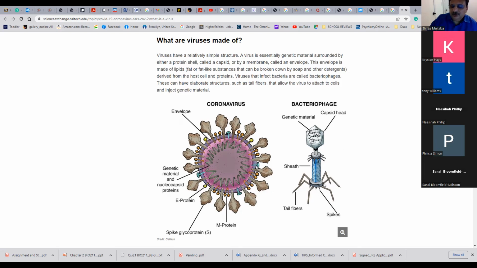And the tail is utilized by the bacteriophage to attack a bacterium. When this bacteriophage attacks a bacterium, or let's say first binds to the bacterial host, then it punches a hole in the bacterial cell wall and membrane, and the DNA or genetic material is injected through the sheath into the host.